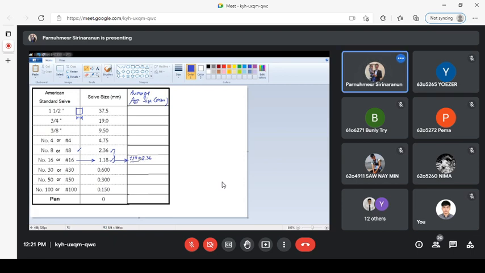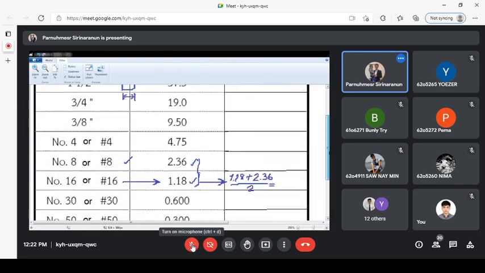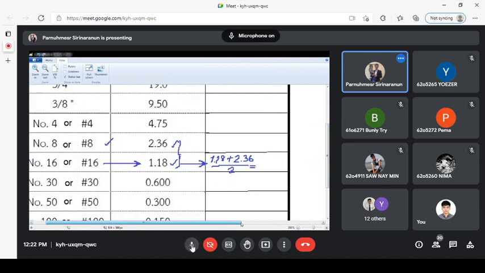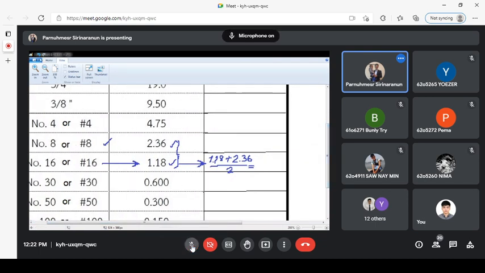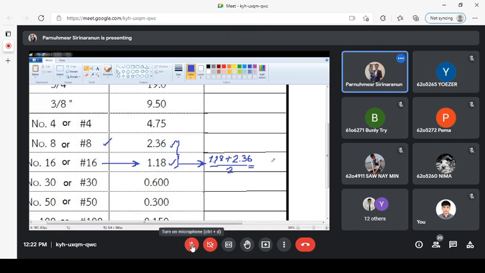Divide by what? 2. Yes. What do you get now? Can you tell me? What do you get? 1.77.